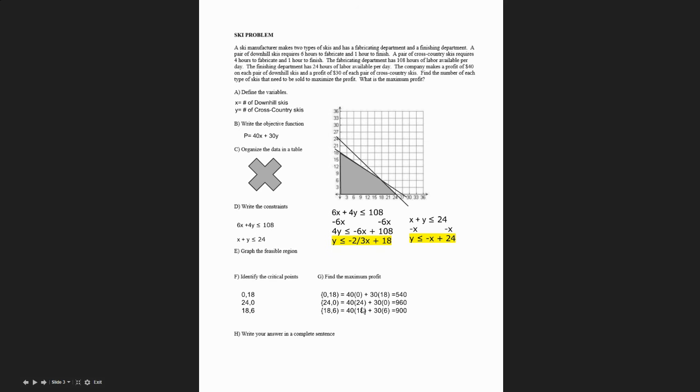So it'd be 40 times 24 plus 30 times 0, and you get a profit of $960. When you make 18 downhill skis and 6 cross-country skis, 40 times 18 plus 30 times 6, you get a profit of $900. So the maximum profit would be made from making only downhill skis.